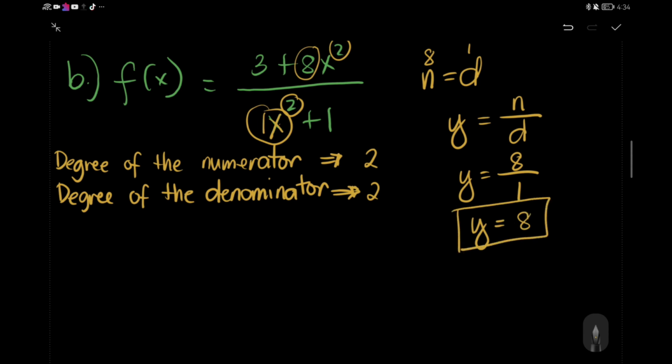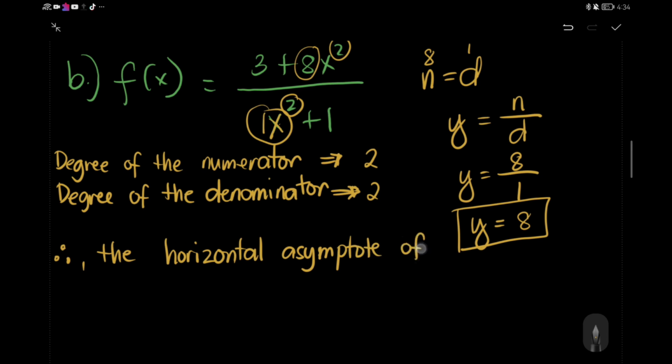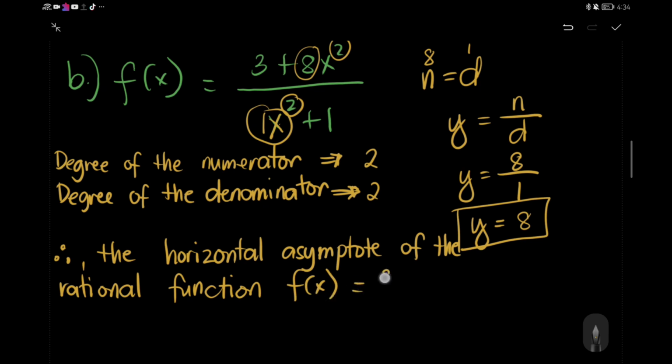In words, our conclusion is, therefore, the horizontal asymptote of the rational function f of x is equal to 3 plus 8x squared over x squared plus 1 is set at y is equal to 8. So that is example letter B.